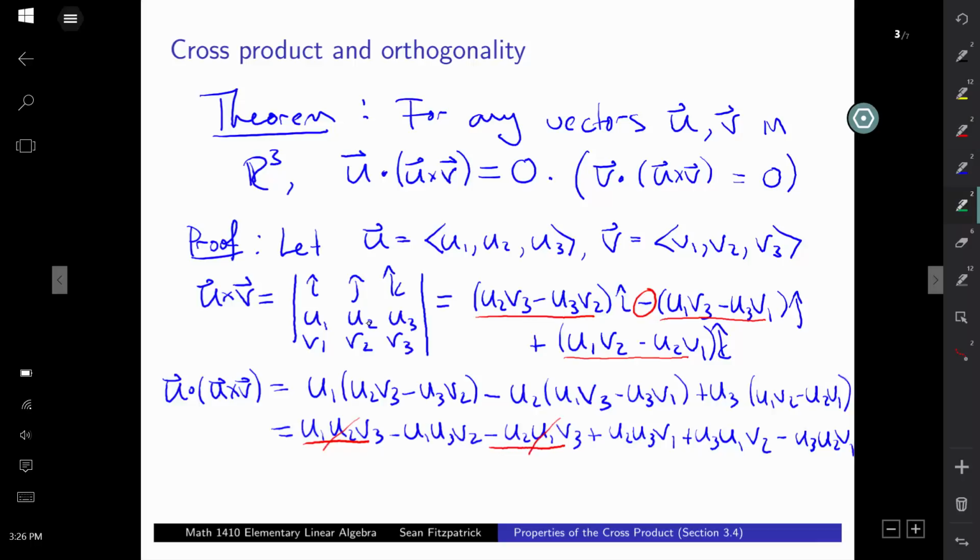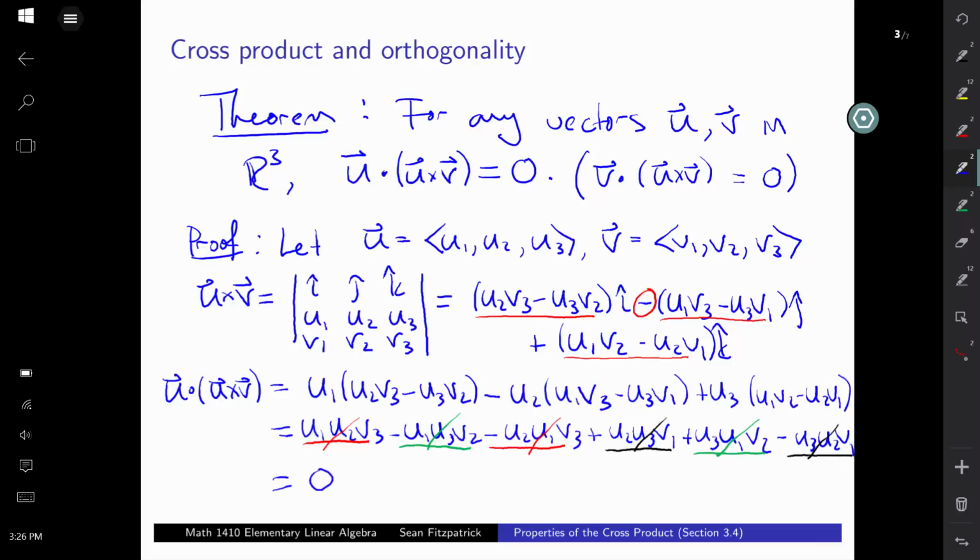Minus u1 u3 v2 is sitting here, but over here I've got a plus u3 u1 v2, and again switching those u's, those are the same thing, so I can cancel those. And finally, u2 u3 v1 minus u3 u2 v1. Again, those two are opposites of each other, so those cancel. And everything cancels out. I'm just left with 0.